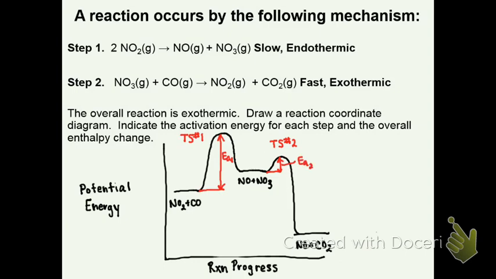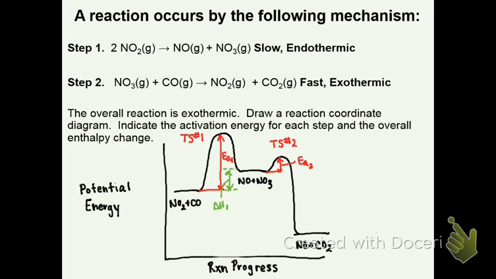And the way we've drawn this makes sense in terms of the mechanism, because we know that the first step is the slow step, so the activation energy for step 1 must be higher than the activation energy for step 2. And we can also fill in some of the thermodynamic values within this mechanism. The difference in energy between the reactants and the products in step 1 will be delta H for step 1.